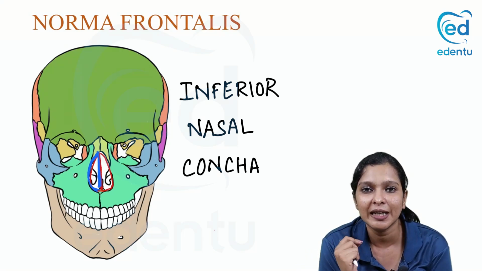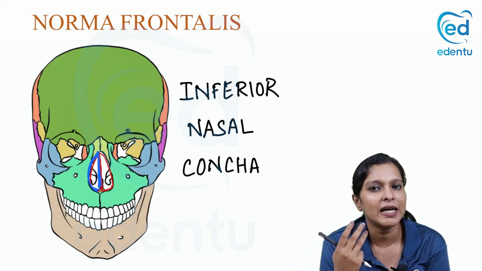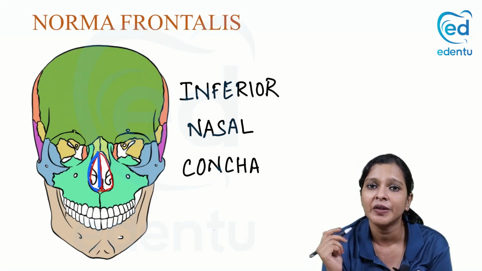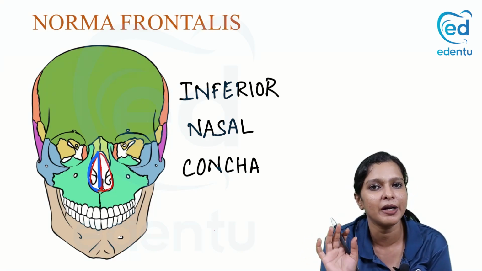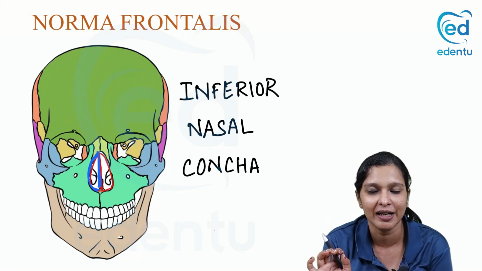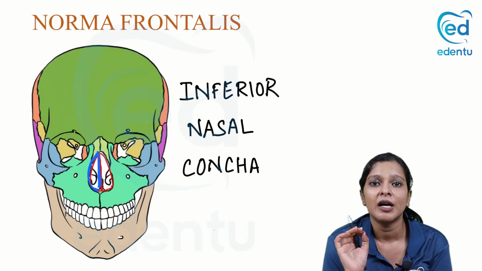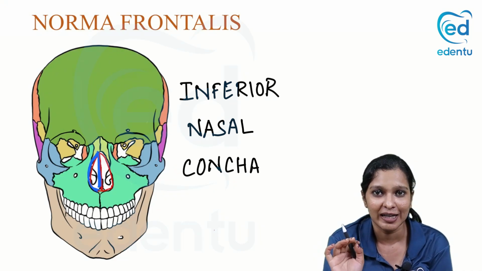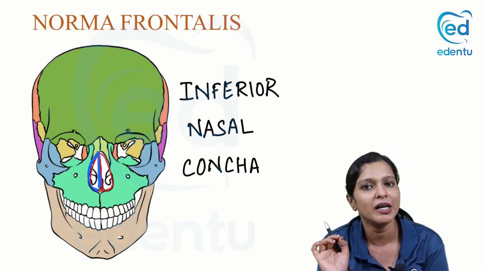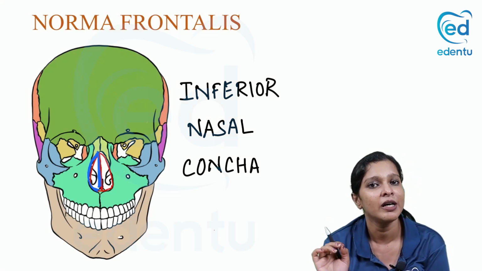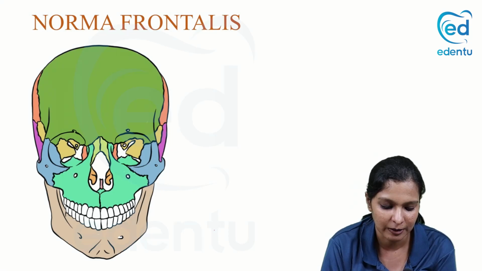These are called the nasal concha. Totally there are three nasal concha: superior, middle and inferior. The inferior nasal concha is a separate bone, one on either side, whereas the superior and middle nasal concha are parts of another bone called the ethmoid. Remember, the inferior alone is a separate bone. So that's the next bone we saw, the inferior nasal concha.